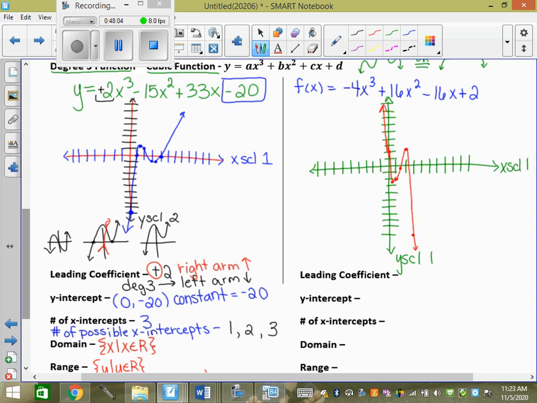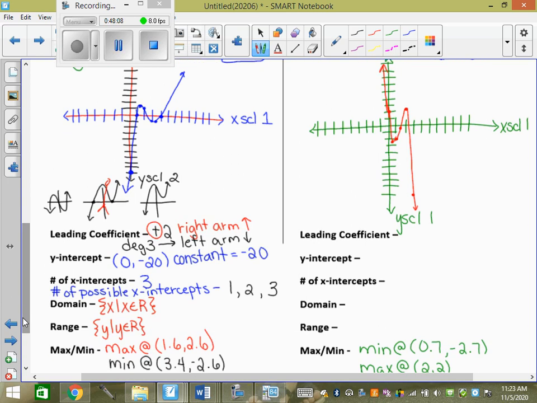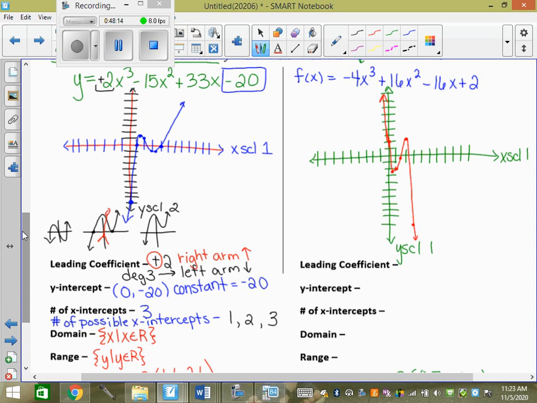Now, I knew before even drawing this that it was down on the right. How did I know that? The negative leading coefficient. I have a -4 as my leading coefficient, so that means it's down on the right. And because it's degree 3, an odd degree, I know it's up on the left.